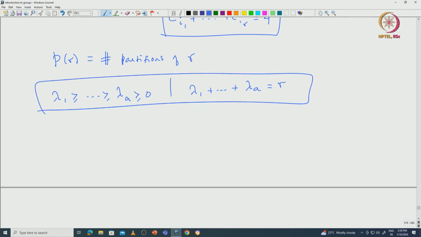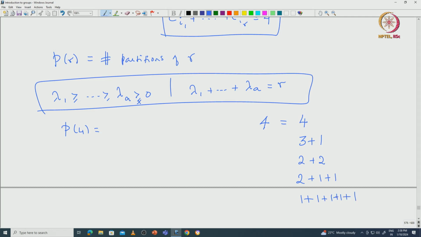Okay, so let us do one example. Let us compute the partition of 4. If you take 4, you want to write it as a sum of some smaller numbers. Then 4 can be written as 4, then 3 plus 1, then 2 plus 2, then 2 plus 1 plus 1, and then 1 plus 1 plus 1 plus 1.